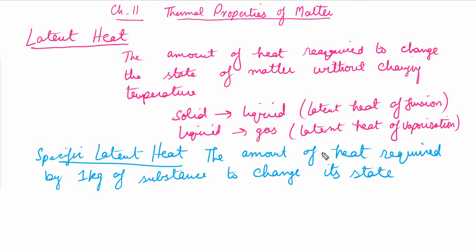And if it changes its state from solid to liquid, it will be called the specific latent heat of fusion, and if it changes its state from liquid to gas, it will be called the specific latent heat of vaporization.